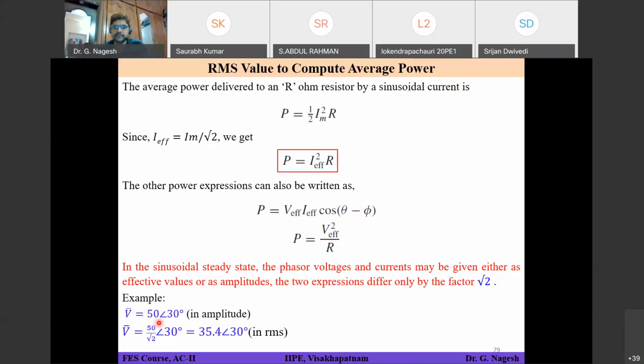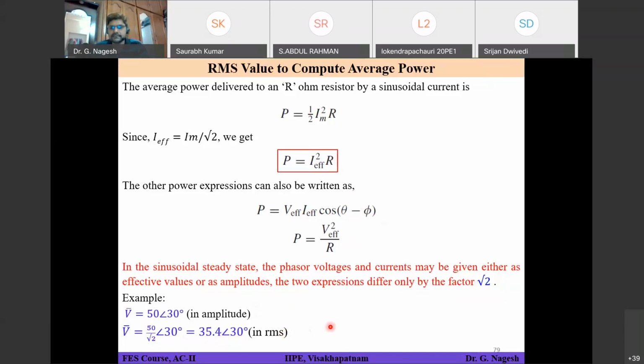If I want to represent it in terms of RMS value, I can write the same thing as 50 divided by √2, because this is the RMS value of your voltage, at an angle of 30 degrees. So it will be 35.4 at an angle of 30 degrees in RMS value. That means phasor can be represented in terms of amplitude or in terms of RMS value.